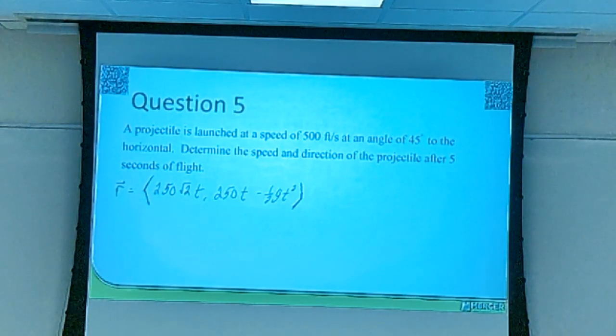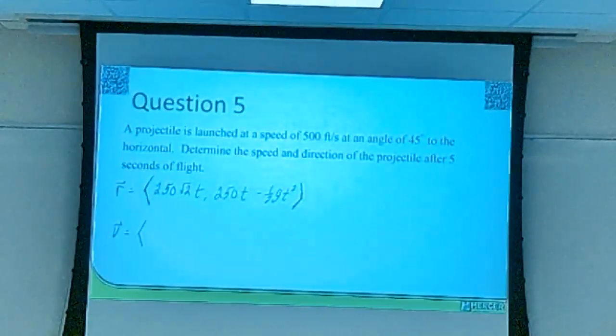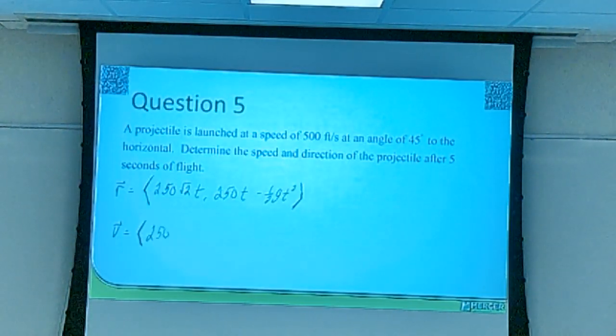Now we can find velocity, which is the derivative of position. Actually, 250 there. We have two choices now.